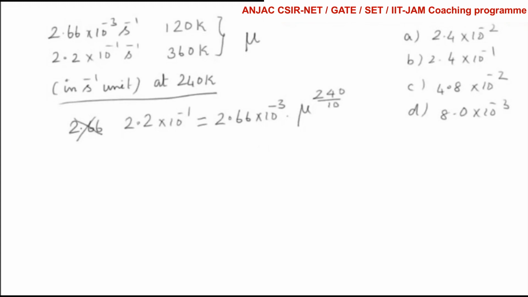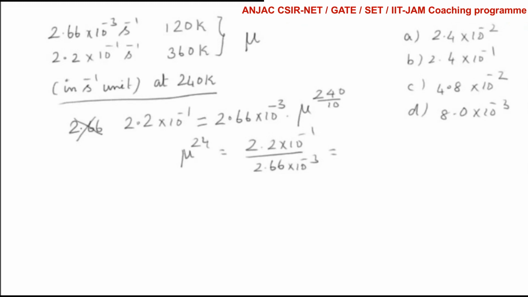Therefore mu power 24 is equal to 2.2 into 10 power minus 1 divided by 2.66 into 10 power minus 3. Apply your calculator and find out what the ratio would be.